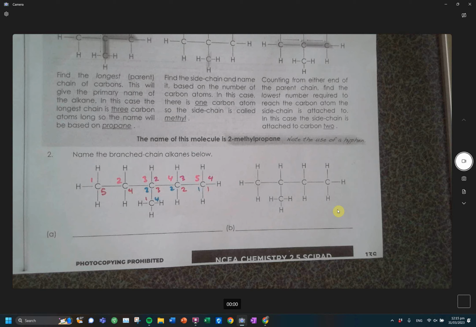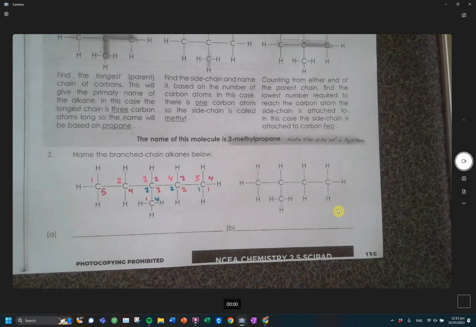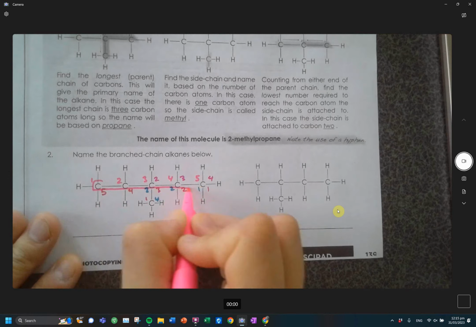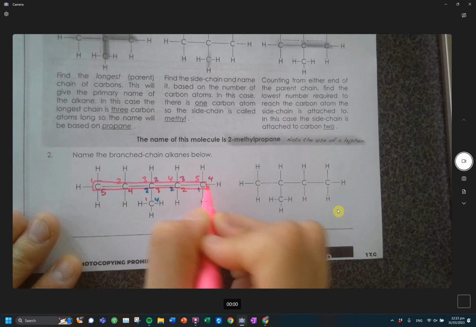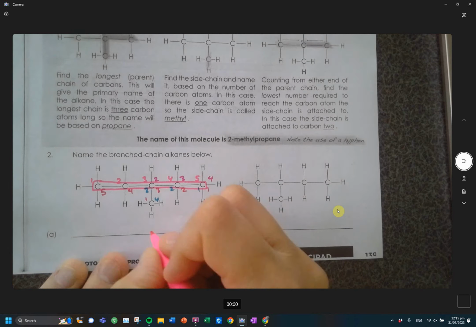The main thing I'm looking for is which one's the longest chain. So the longest chain is this chain here, and I can again number it in either direction because it doesn't make a difference. The longest chain here has 5 carbons, so what should I call it? Pentane.